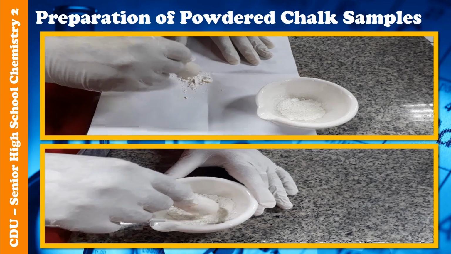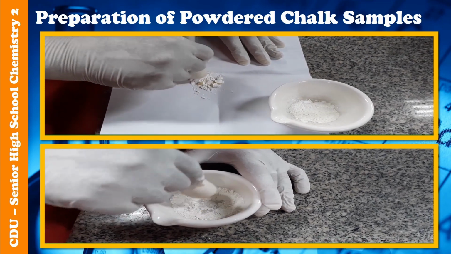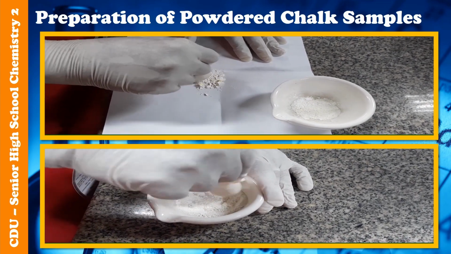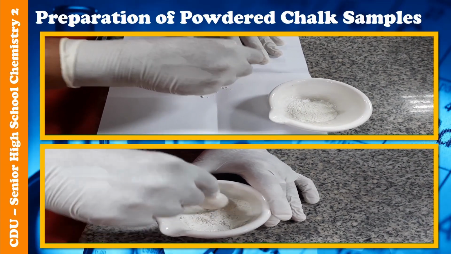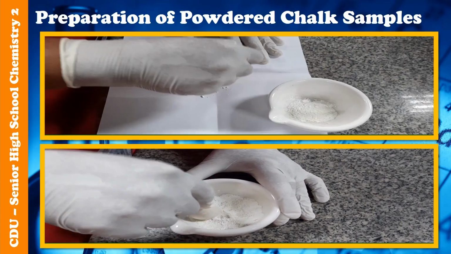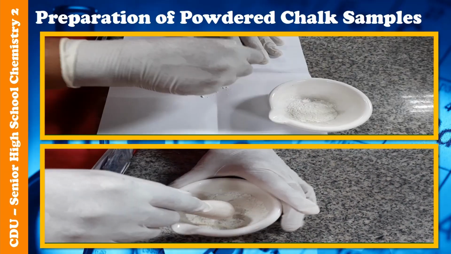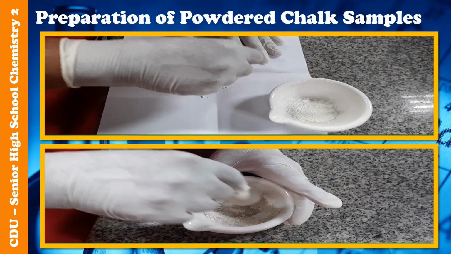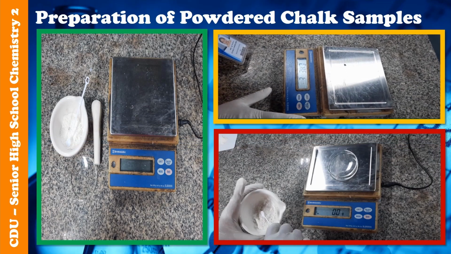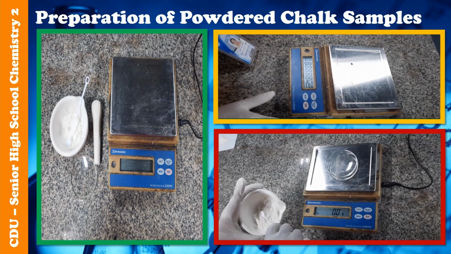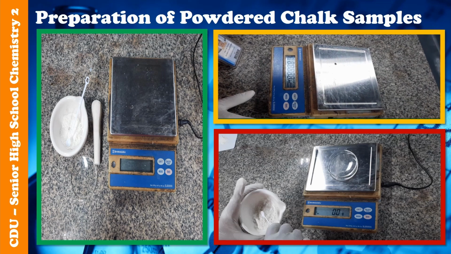Before testing the different factors that affect the rate of reaction, powdered chalk samples were prepared. One-gram samples of the powdered chalk were weighed using a digital balance.